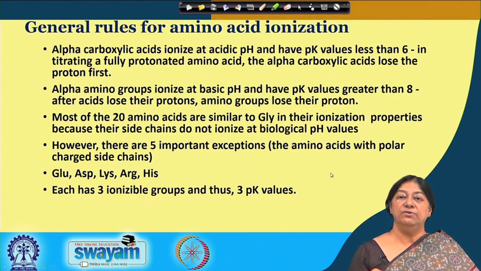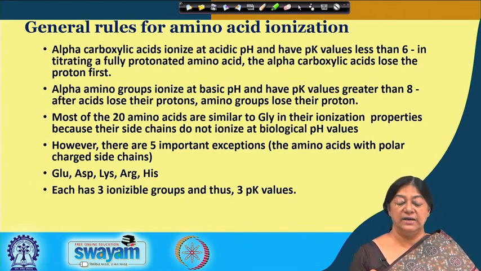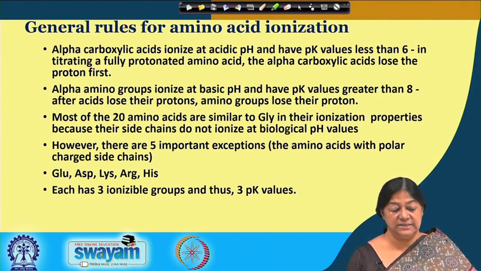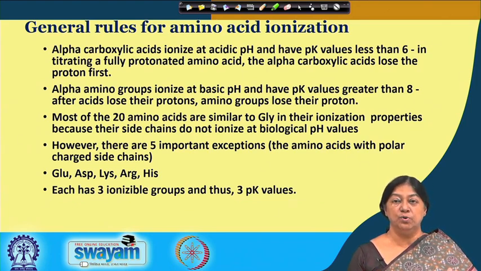So, if we look at general rules for amino acid ionization, we have the alpha carboxylic acids that ionize at acidic pH, and they have pKa values that are less than 6. If we look at a fully protonated amino acid, the proton belonging to the alpha carboxylic acid will be lost first.